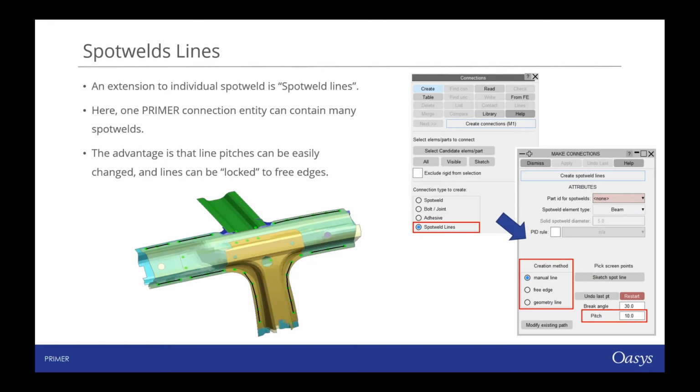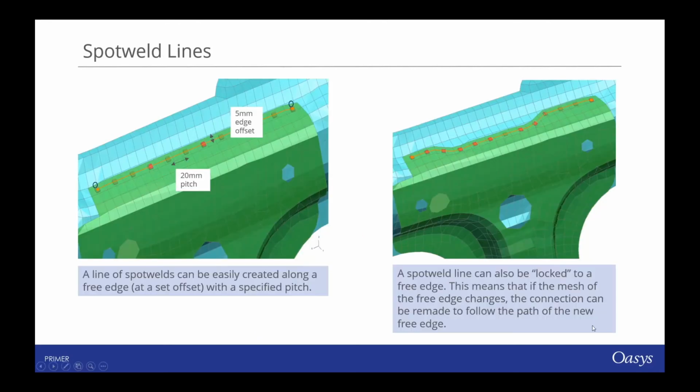In addition, the lines can be locked to a free edge, and by that I mean, if I demonstrate in these images, here you can see a line of spot welds has been created across this free edge. We've defined a 5mm edge offset and a 20mm pitch.